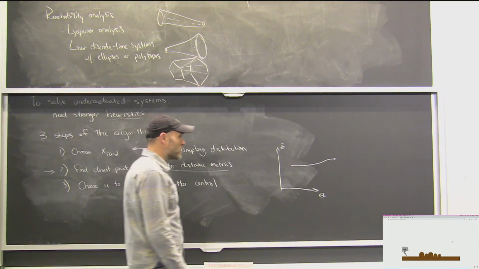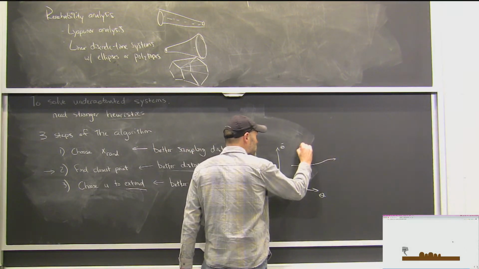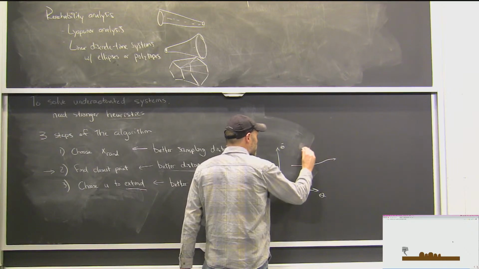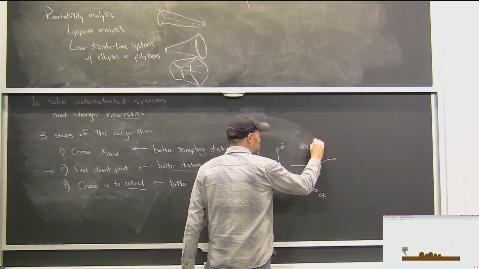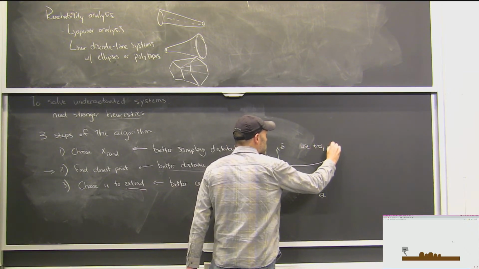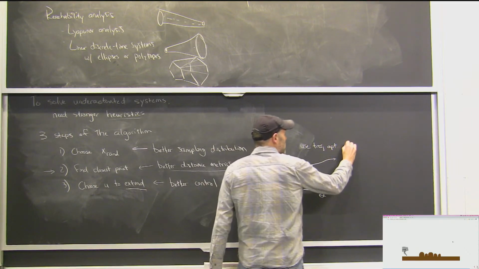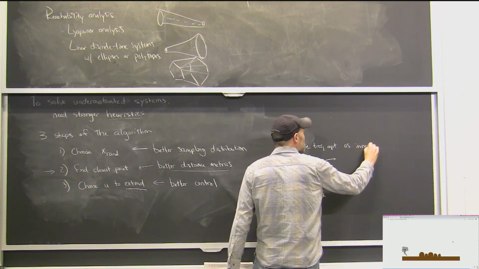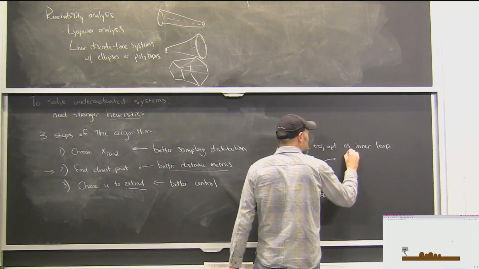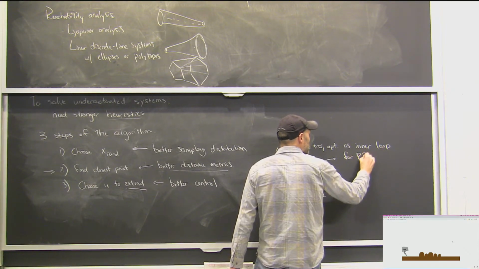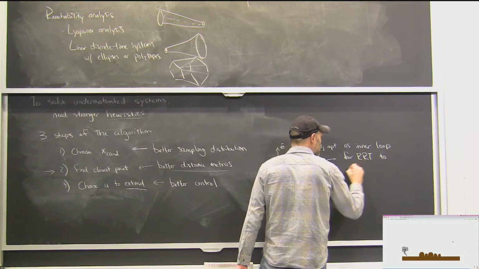So it's a common thing to see trajectory optimization used as an inner loop for RRT to extend.